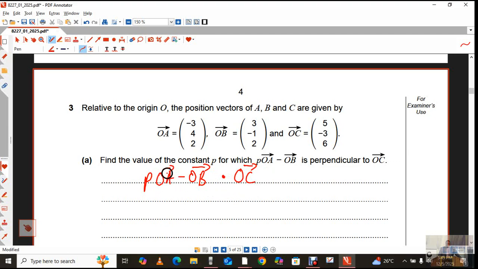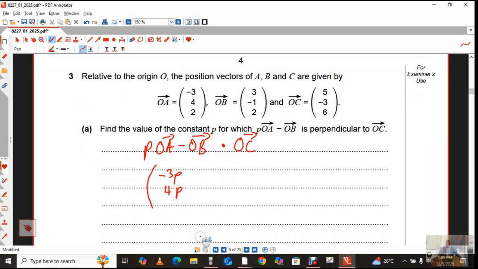Right, so I'm going to do that. I'm going to do the whole thing together, and you can just bear with me. So in vector OA, I'm going to multiply every term there by the P. So that is going to be negative 3P, 4P and 2P.